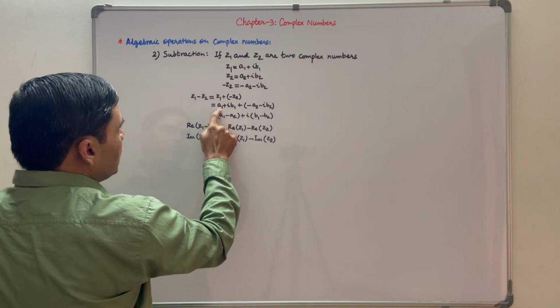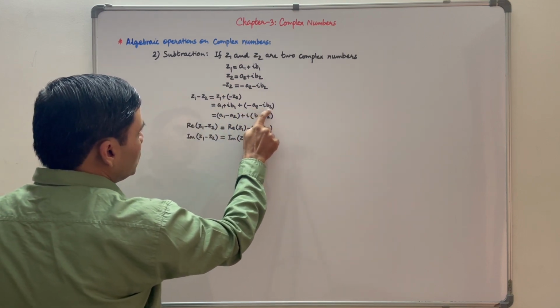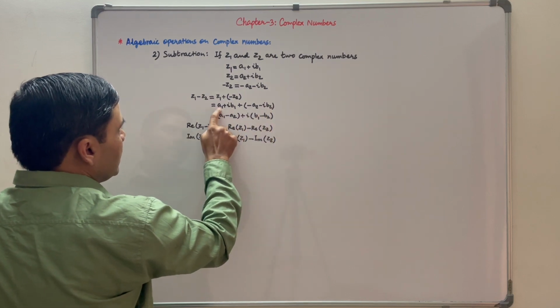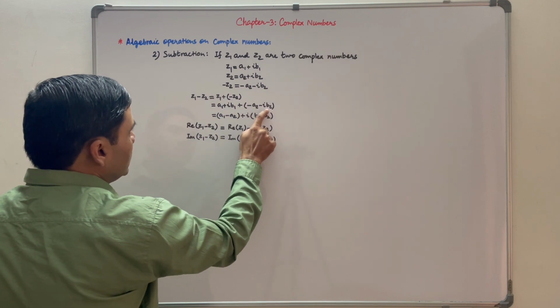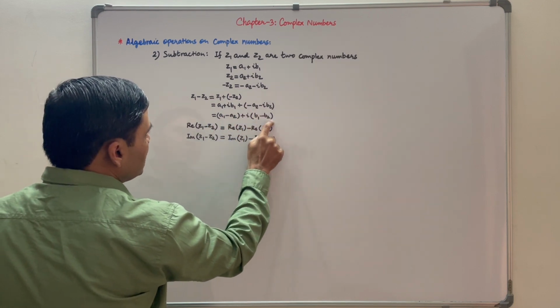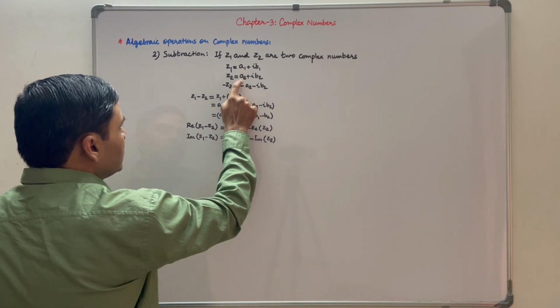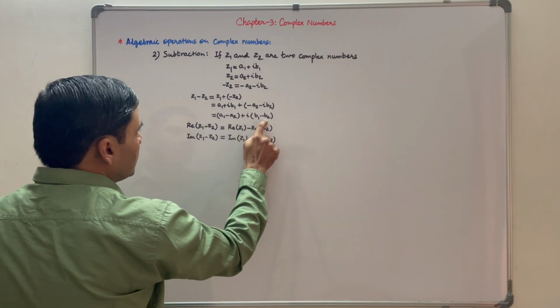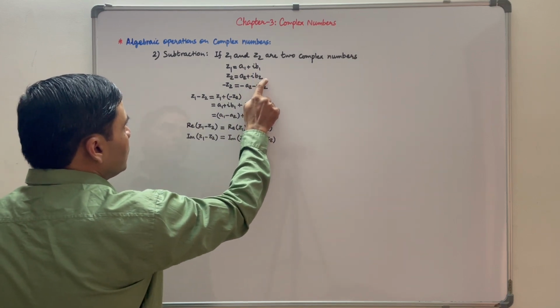So it becomes a1 plus ib1 plus in bracket minus a2 minus ib2. So it can be simplified as a1 minus a2 plus i into b1 minus b2. This is real part and this is imaginary part. It is clear from here that real of z1 minus z2 is equal to real of z1 minus real of z2 and imaginary of z1 minus z2 is equal to imaginary of z1 minus imaginary of z2.